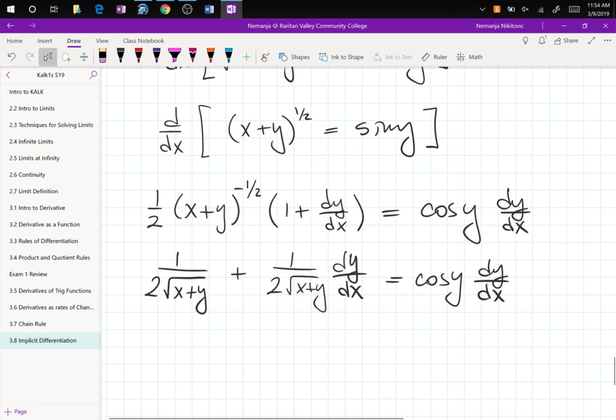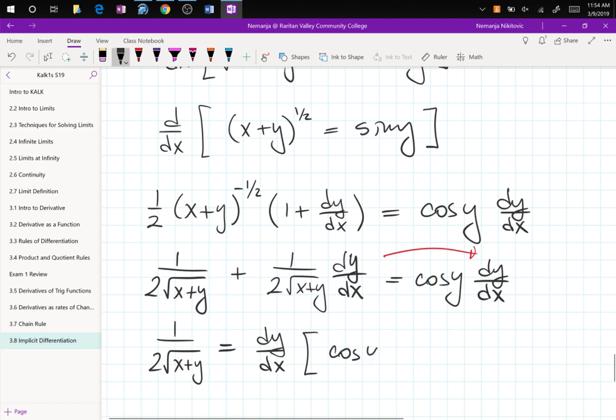So now you can move this term to the right side. So move this there, and we get 1 over 2 root x plus y is equal to, factor out dy/dx, and you're left with a cosine y minus 1 over 2 root x plus y.